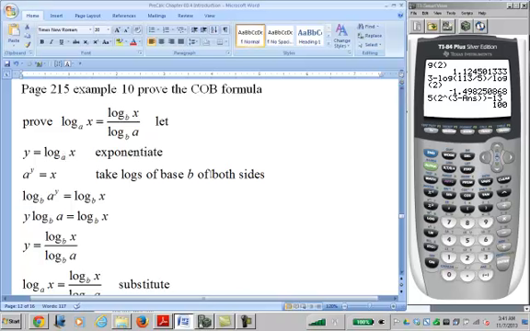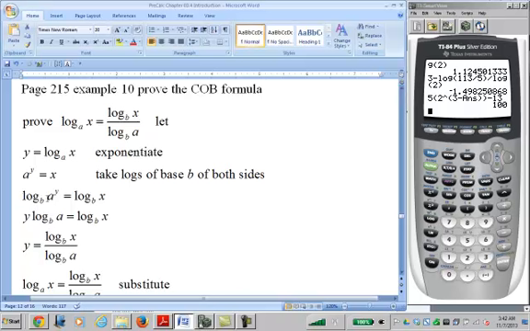Take the logs of base b of both sides. Log base b of a to the y equals log base b of x. So we simply took these two sides of the equation and made them logs with the same base. Now we're going to turn the exponent on the left side into the coefficient of the log.